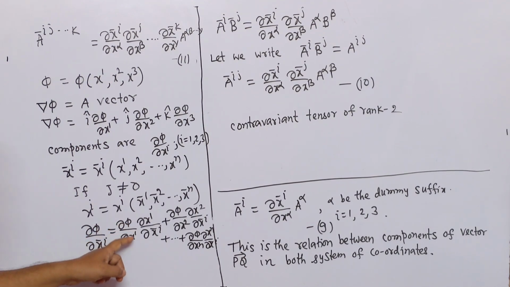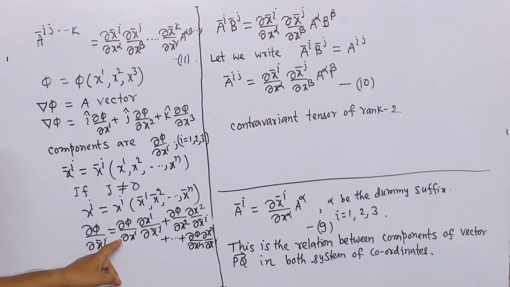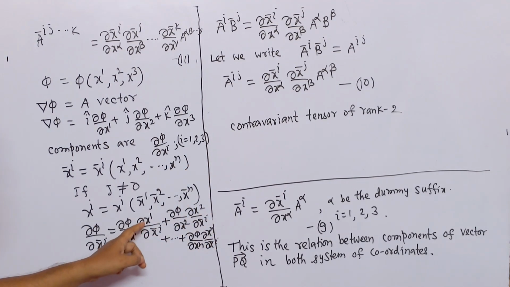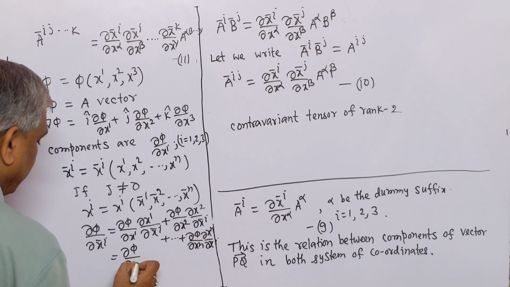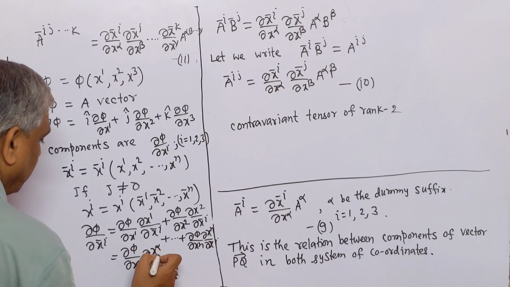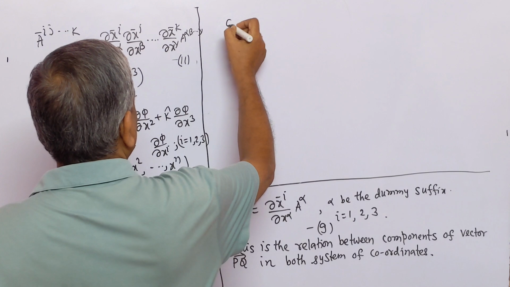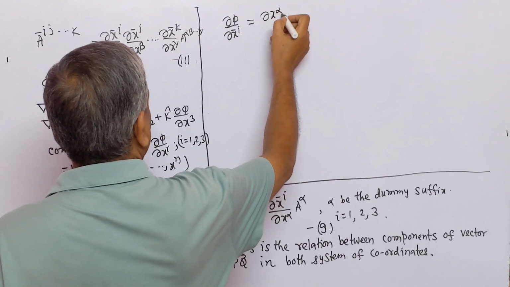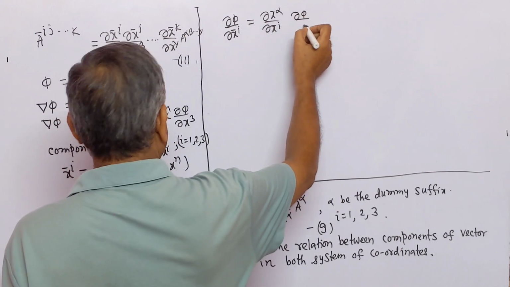because phi is a direct function of x1, x2, x3, ..., xn. Here we see 1, 1, here 2, 2, ..., n, n. So we may write this in the form of a dummy suffix. We may write this as del phi by del x bar i equal to del x alpha by del x bar i, del phi by del x alpha.